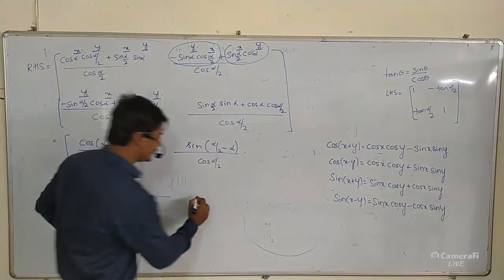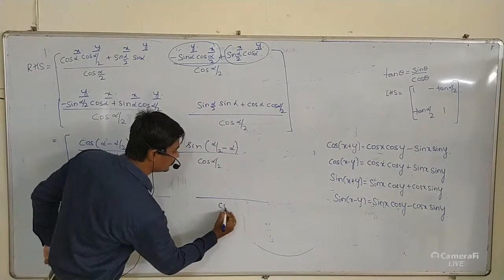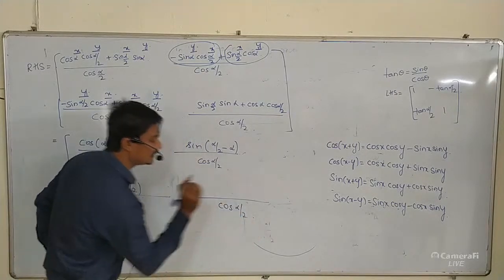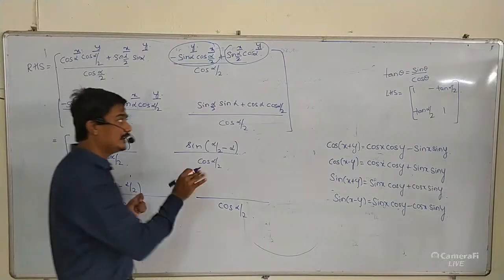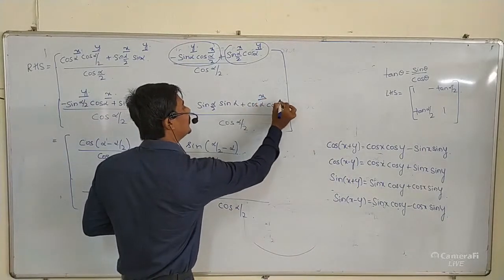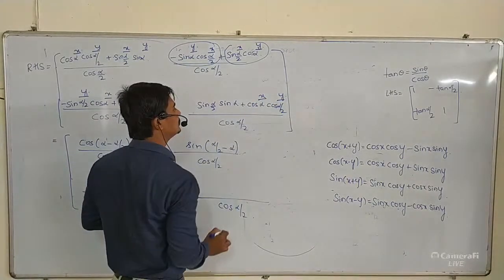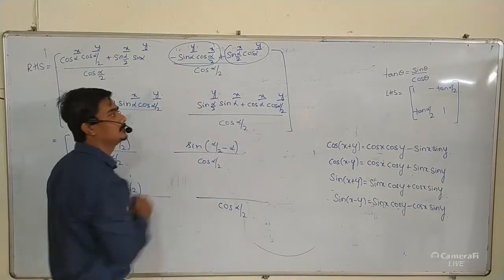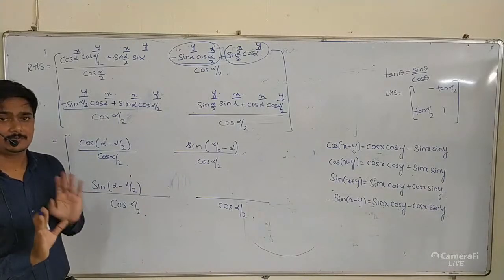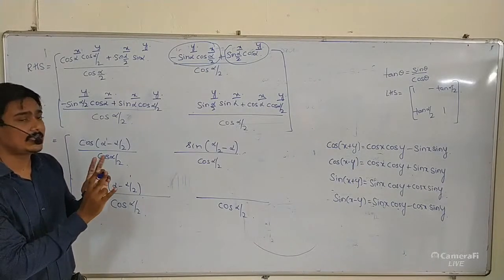Let us take the fourth term. Cos alpha by 2 is our LCM. Look at the numerator again. Yes, this is cos x cos y plus sin x sin y. Observe very carefully. Terms are not in the standard position.